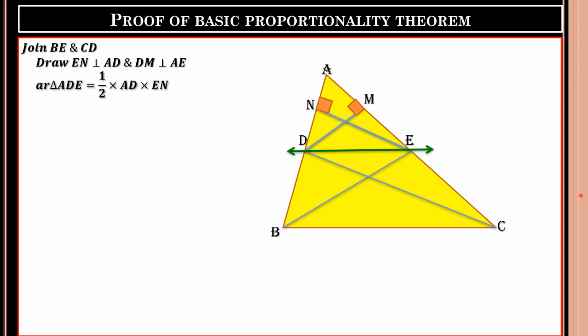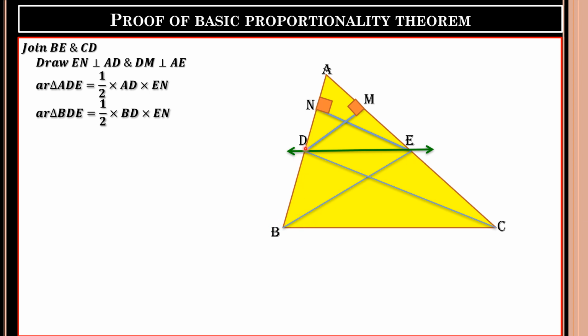EN and DM. Now if we recall, the area of a triangle is given as half into base into height. So area of triangle ADE is half base, if we consider this as base, then this is the height EN. Similarly, area of triangle BDE.